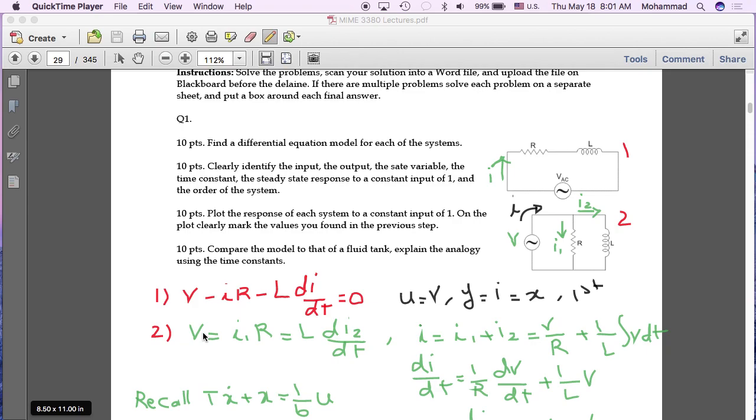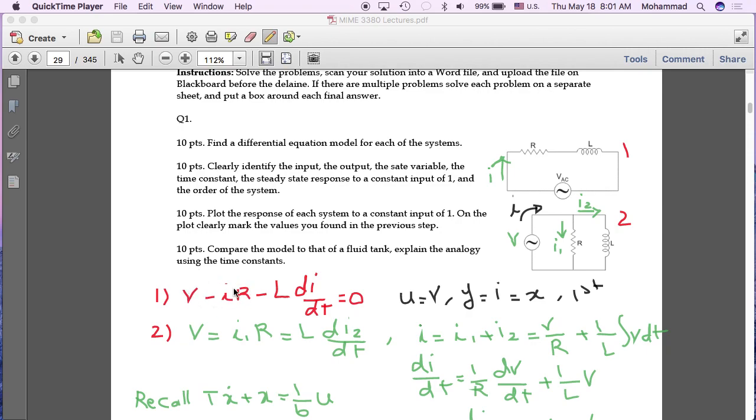You can immediately see that the only variable that is differentiated is what variable in equation number one? I. So it makes sense for I to be our state variable. The whole purpose of the model is to capture how the state variable changes over time. We normally use variable y to show the output, so I is the output.